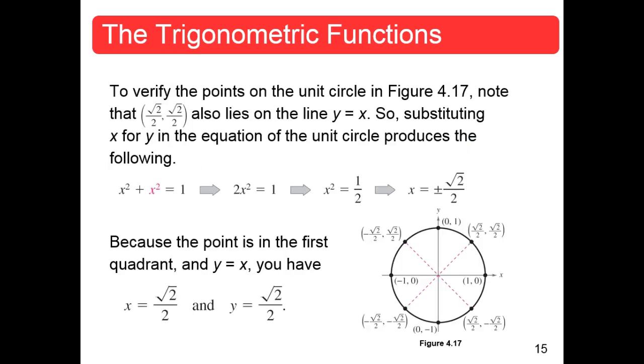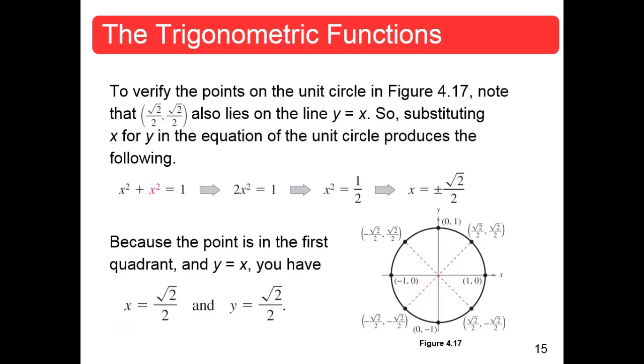All right. And here goes into how we did it. I'm not going to go through this again, but to verify the points in that first figure, the root 2 over 2 also lies on the line y is equal to x. That's exactly where we started, the identity function, y is equal to x. Substituting x, y, we went back and got exactly the same thing. And here's root 2 over 2 and minus root 2 over 2.